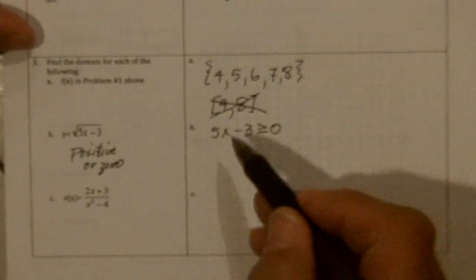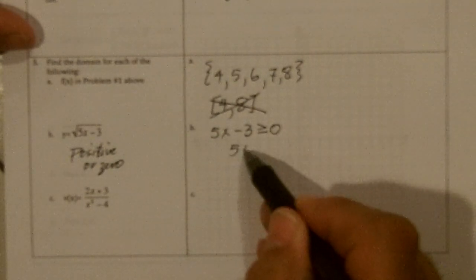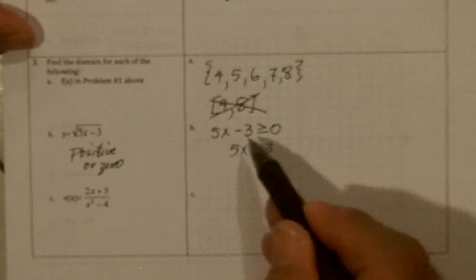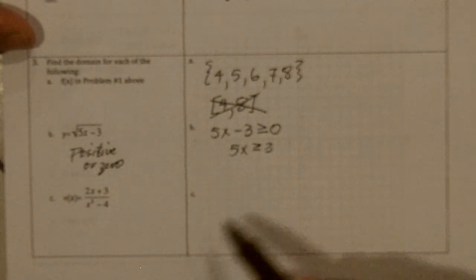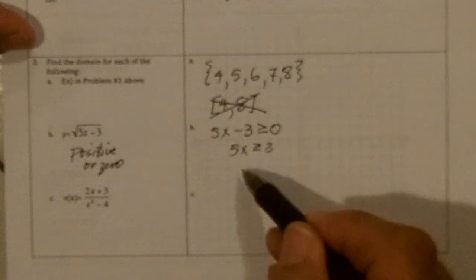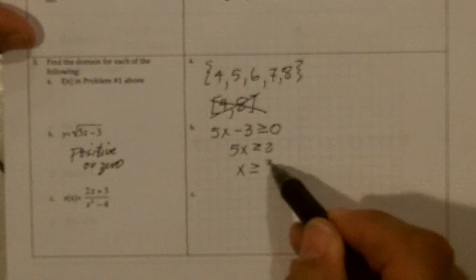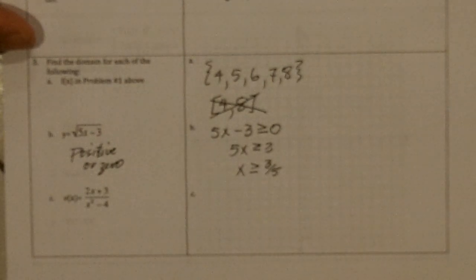I add 3 to both sides and I get 5x is greater than or equal to 3. Divide by 5, and that's a positive number, so I don't have to flip the sign. And I get x has to be greater than or equal to 3/5.